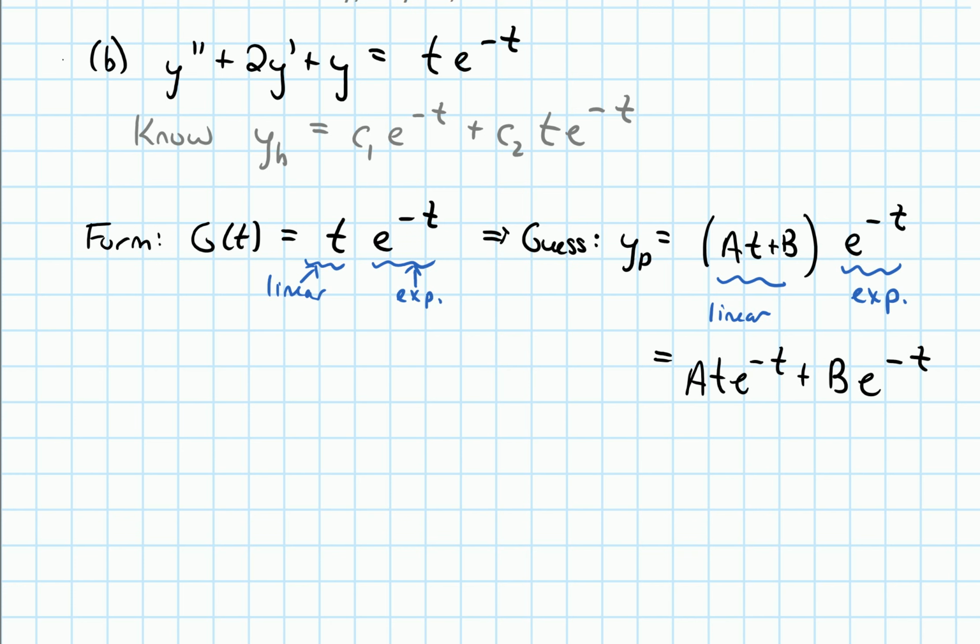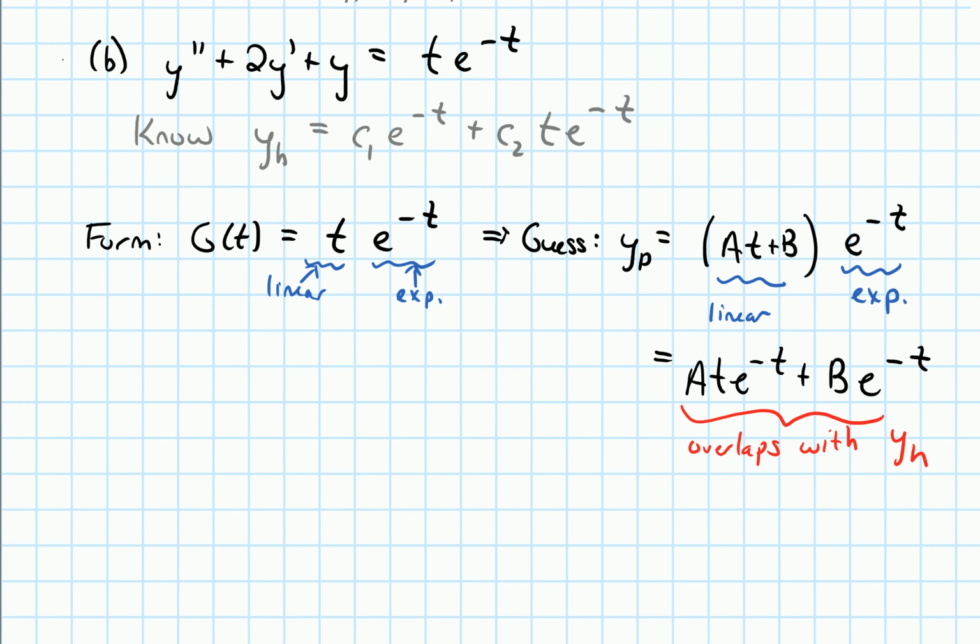Now if we compare this guess with the homogeneous general solution, there's definitely a lot of overlap. I see e to the negative t in the homogeneous solution as well, and I also see the t e to the negative t in the homogeneous general solution. So this overlaps with the yh.